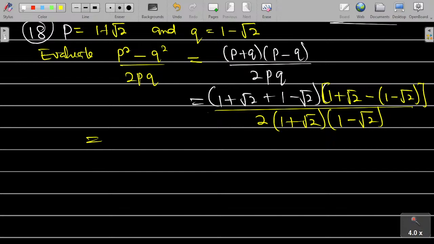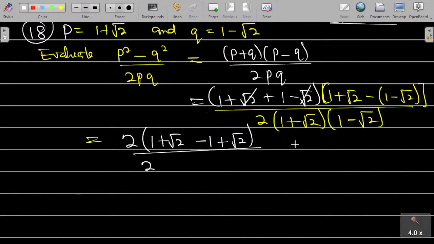All right, so see what that is going to give to us. Very beautiful something. All right, so up here we can cancel out. This will take away this, and then we are going to have only 2 there into the bracket of 1 plus root 2. Then if you open this bracket, you have minus 1 plus root 2 all over. Now in your denominator, see what will happen.